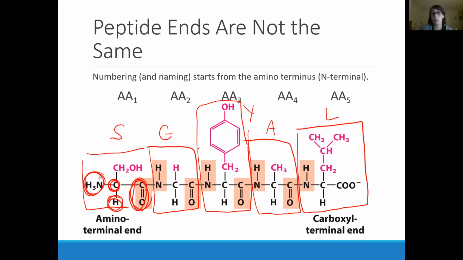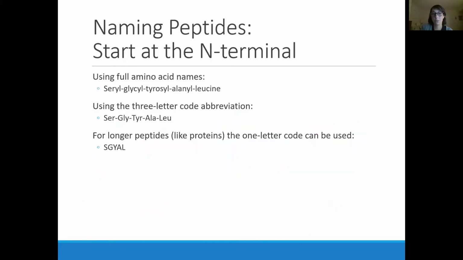Now, if you were to name this particular peptide chain, there are numerous ways to do it. One way is by using the full amino acid names. You would take the name of each starting amino acid with a yl ending on it.